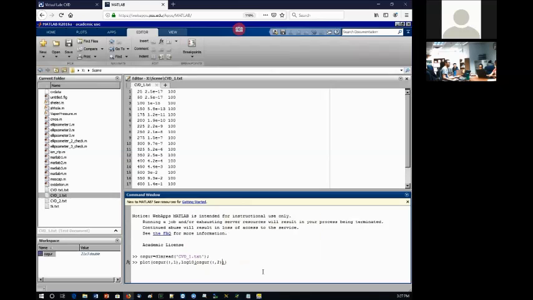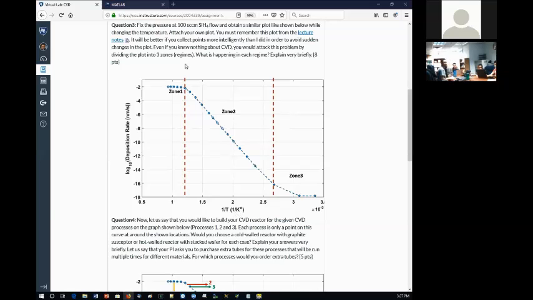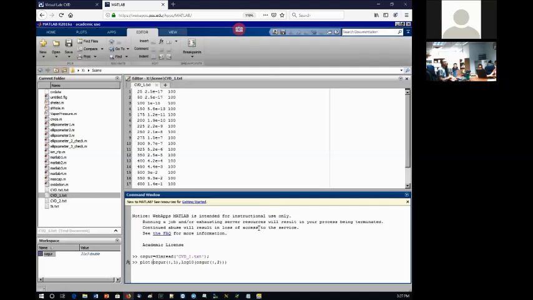Just type in log 10 and then put 2 parentheses before and after. But we need to plot it correctly because it's 1 over T, 1 over temperature. And the temperature is always given in Kelvin, so we need to first change this to Kelvin.